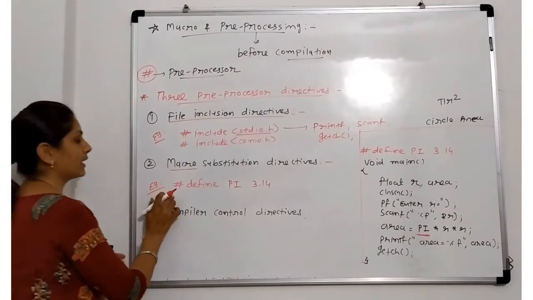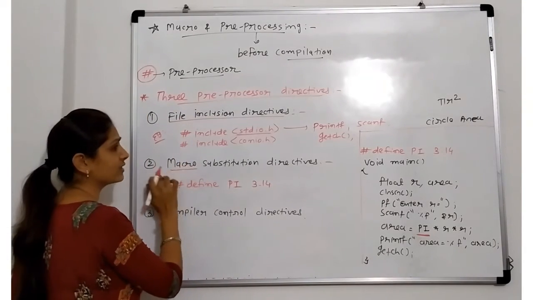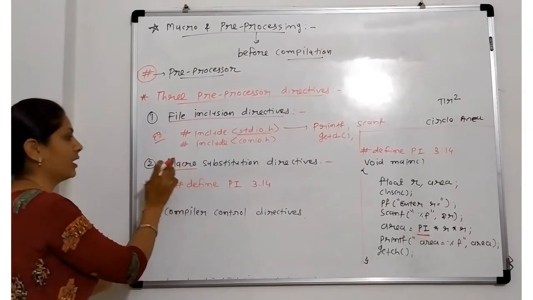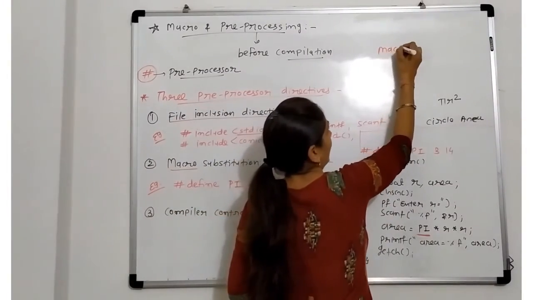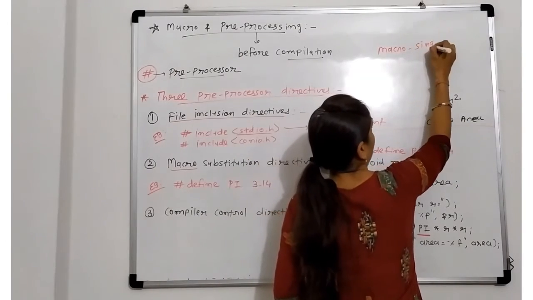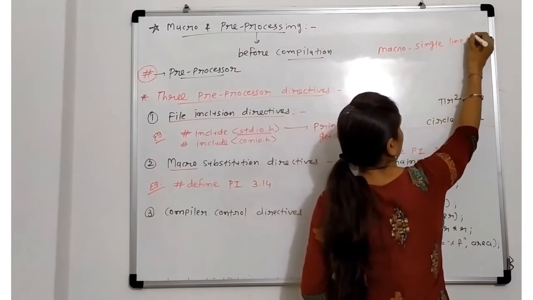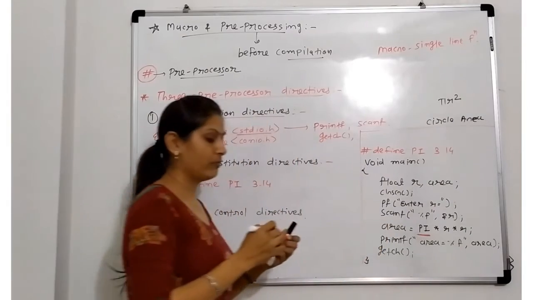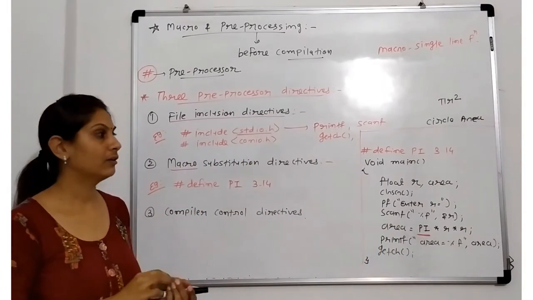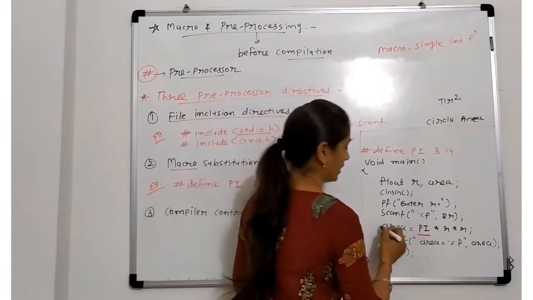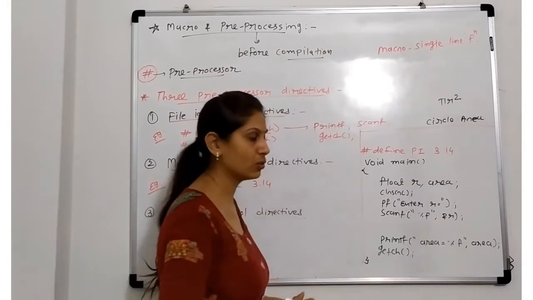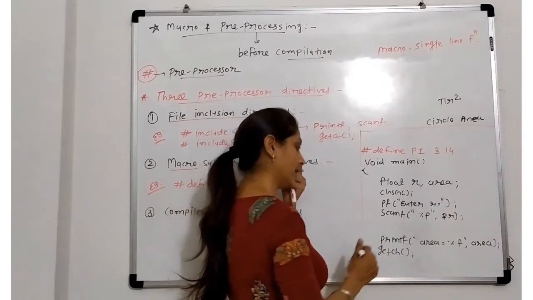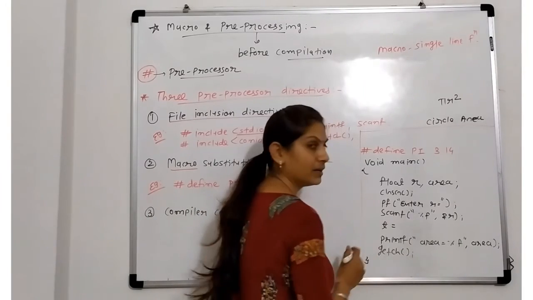Clear? Second, a macro is nothing but a single line function. How is it a single line function? Whenever you use a function, for example, instead of this equation, now we have to put a function. In void main, we write the function name.